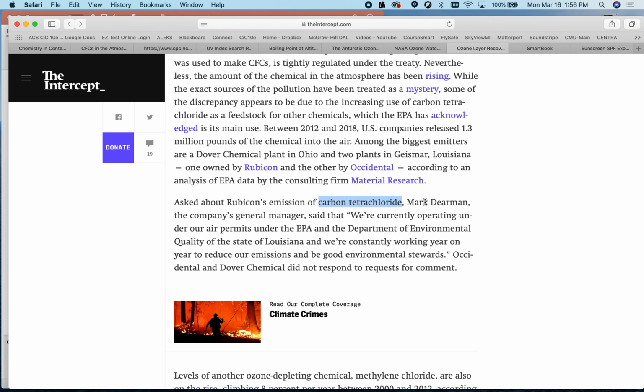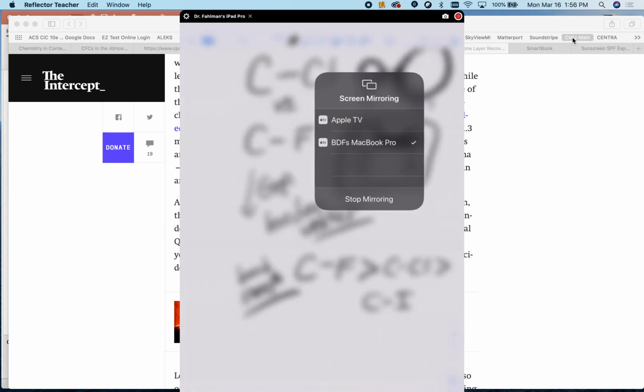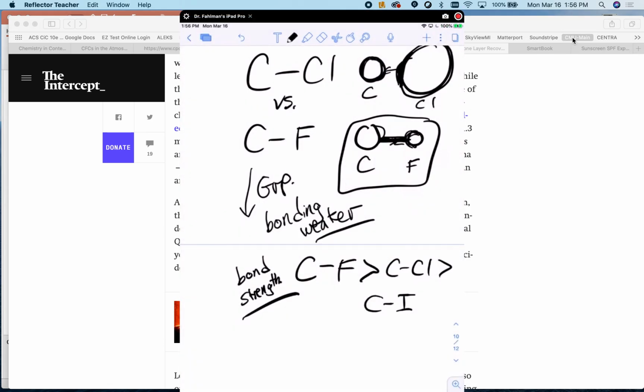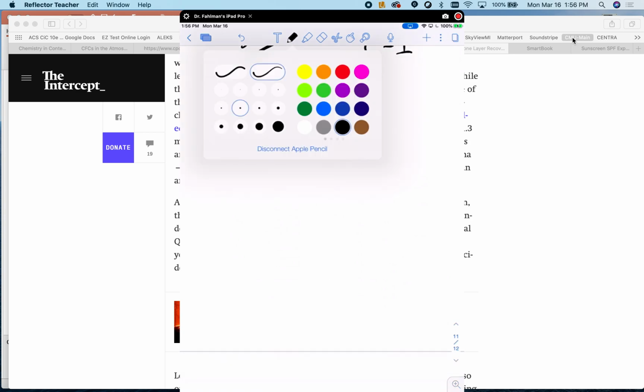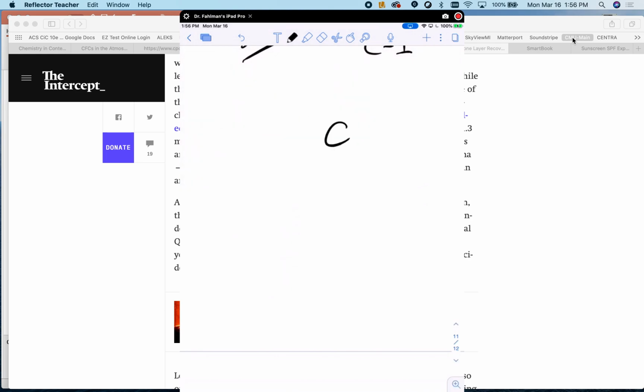One of them is carbon tetrachloride. If I show you the structure of that, whoops, did I lose it? Yeah, screen mirroring. Here we go. So carbon tetrachloride, you've seen that before, right? It's this one with all these around it.